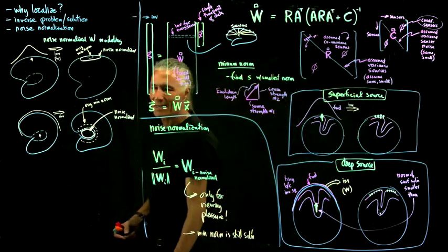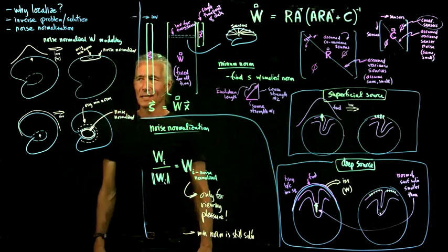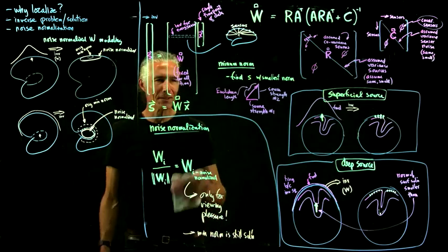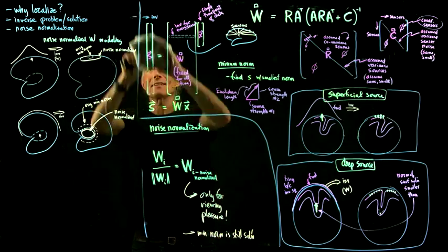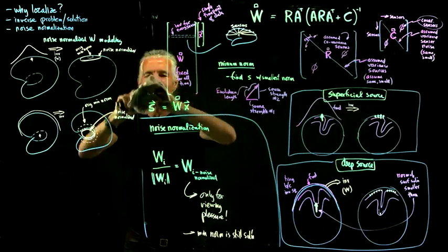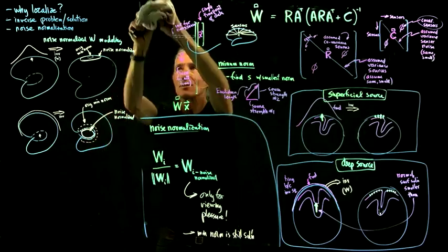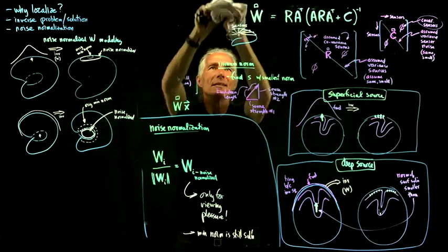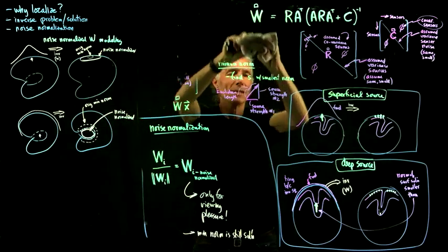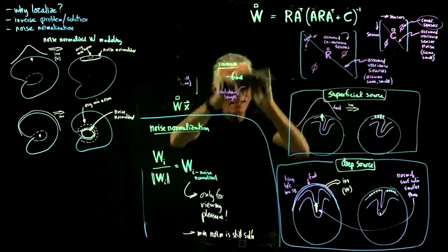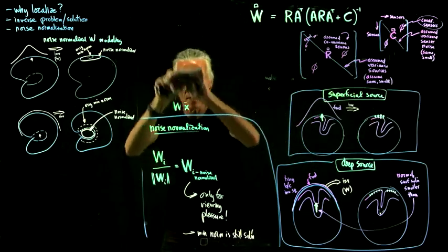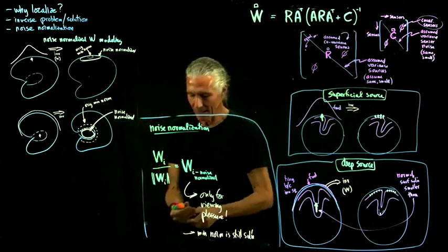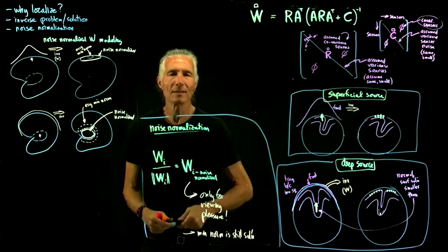And so what's the bottom line? Why should people do this? If you've stuck with it so far, there are so many twists and turns. But why should you do this as opposed to just doing components of ERPs? The reason is that this kind of localization of activity in the brain is not anywhere near as good as fMRI.